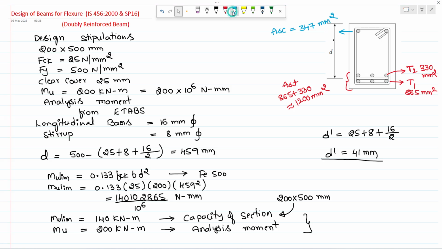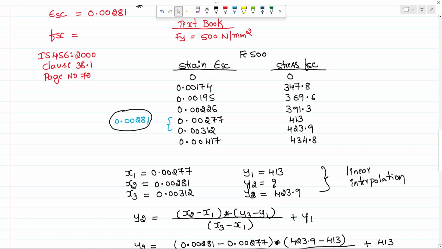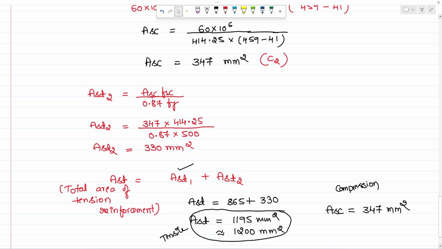What is the procedure we have adopted? First, we design our beam for balanced section. Next, we find the compression reinforcement for balanced moment. In the next step, we calculate the AST2, this is your additional steel AST2.